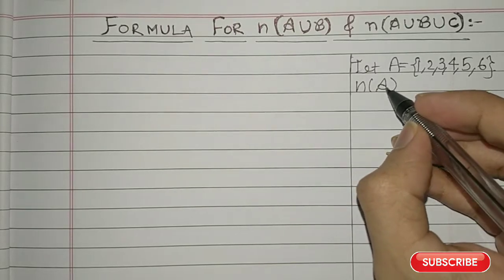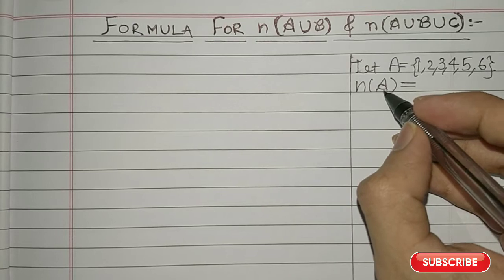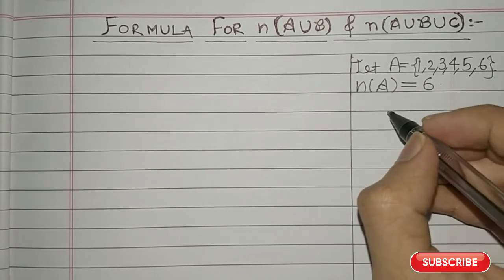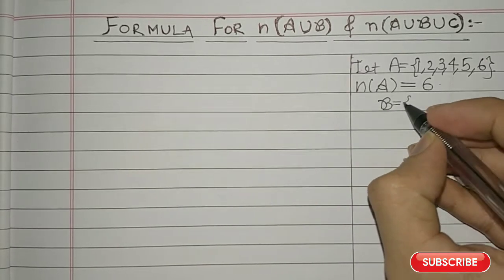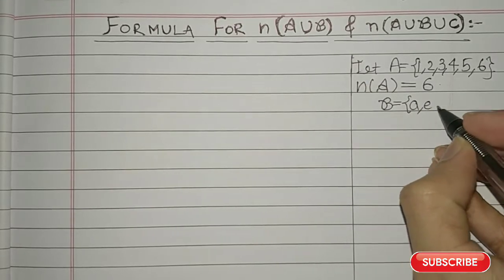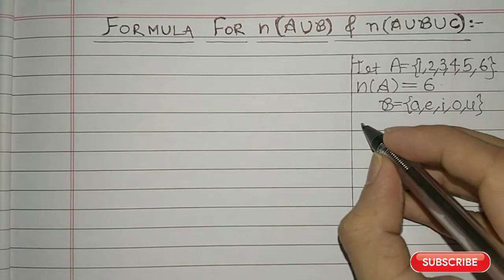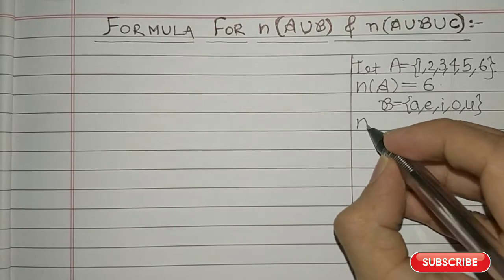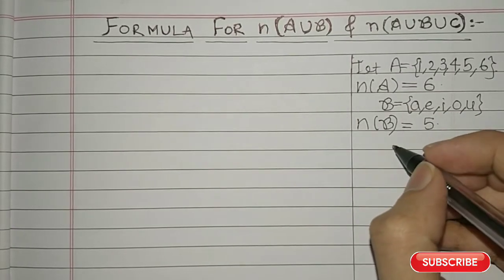Since there are 6 elements, n(A), the number of elements in the set A, will be 6. Now suppose you take the set B as the set of all vowels in the English alphabet, that is {a, e, i, o, u}. There are 5 elements in this set, so n(B) is equal to 5.